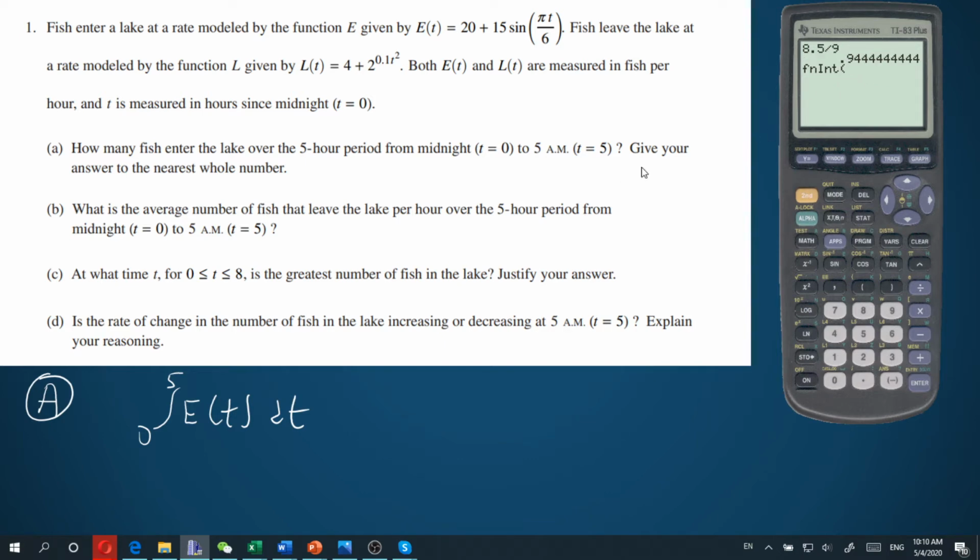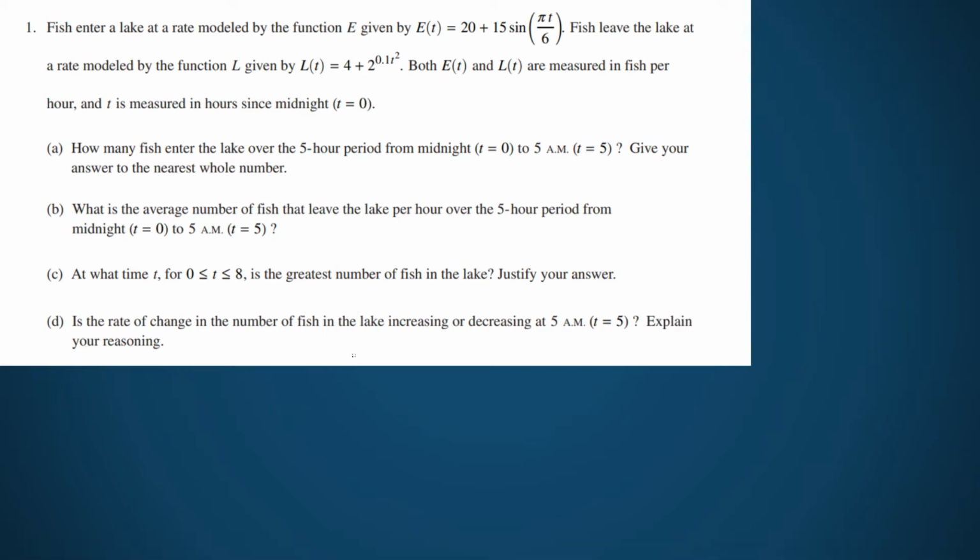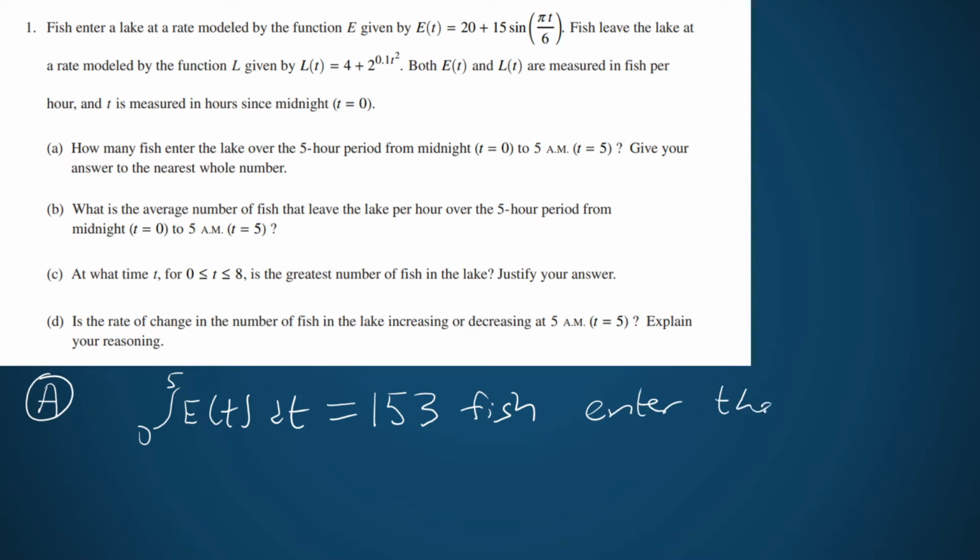Okay, so our y1 is entering. I'm going to integrate in terms of x from 0 to 5. What are my units? Fish. Fish enter the lake from midnight to 5 a.m.